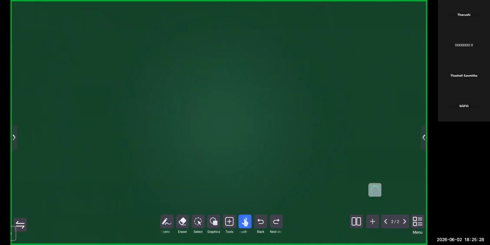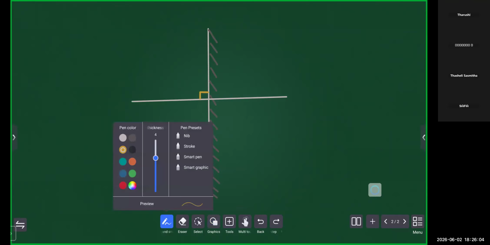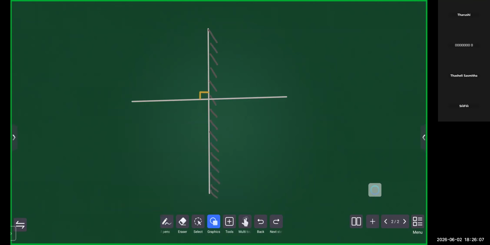If we have a mirror like this, okay, this is the mirror, and let me apply mercury to make it a mirror. Otherwise, it's plain glass. Then let me draw this axis, a perpendicular axis like this. This is perpendicular to the mirror. Let's take a ray of light like this.